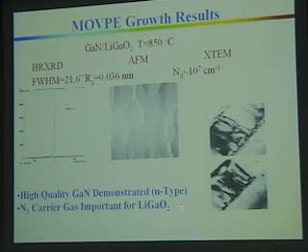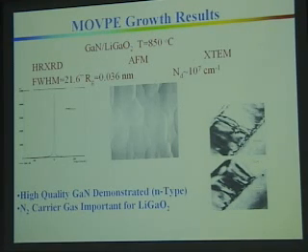And it was typically n-type material. Here's a cross-sectional TEM micrograph showing, we picked up a dislocation here, but it's relatively clean. We estimate it to be about 10 to the 7th per square centimeter material. But it's relatively high-quality gallium nitride, growing relatively easily at a low temperature of 850 degrees C.